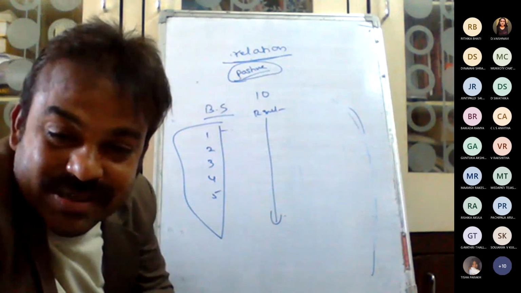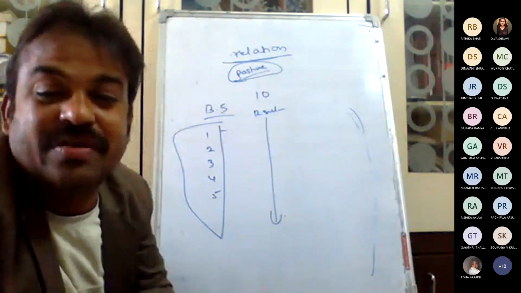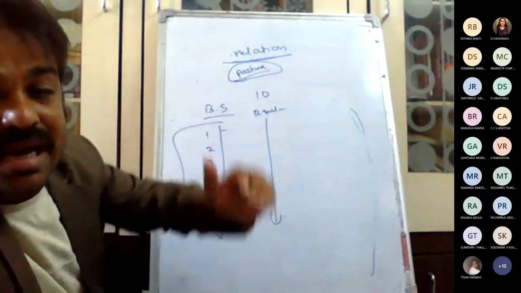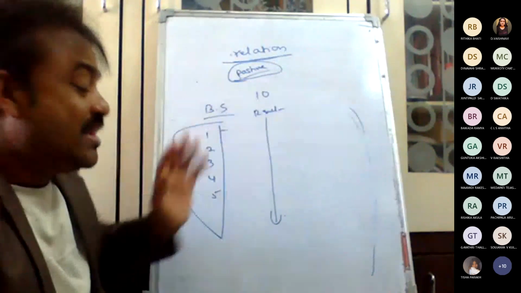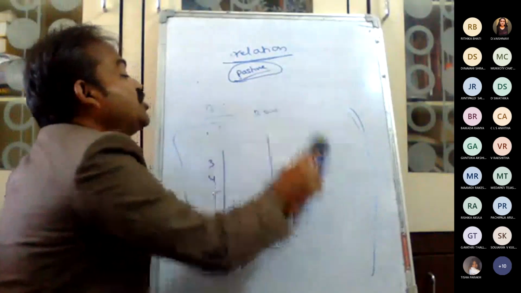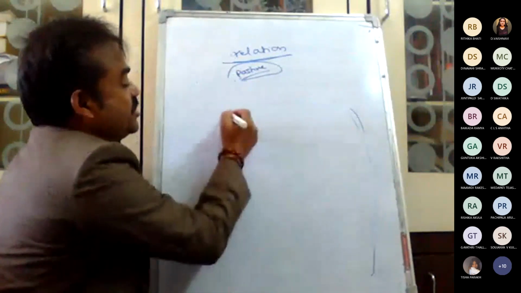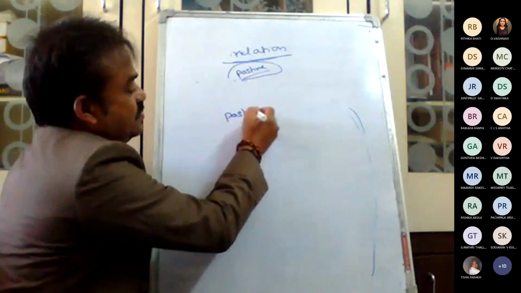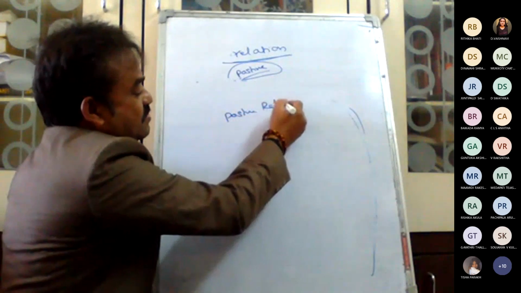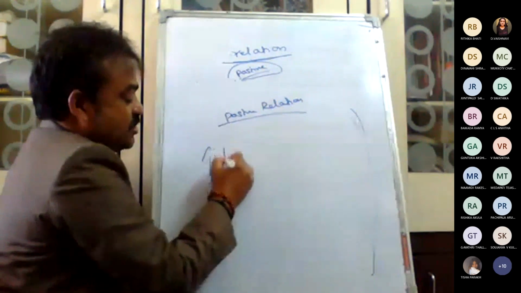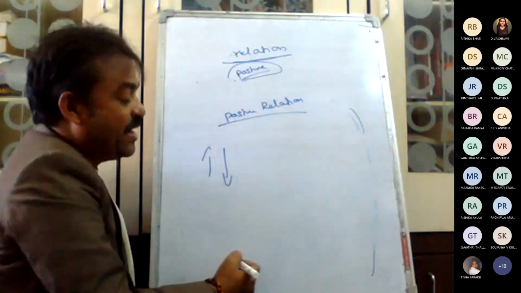If it is a good percentage, then it is a positive relationship. It means if one variable is increasing and the other variable is increasing, that is called a positive relationship. So one is positive, another one is negative.